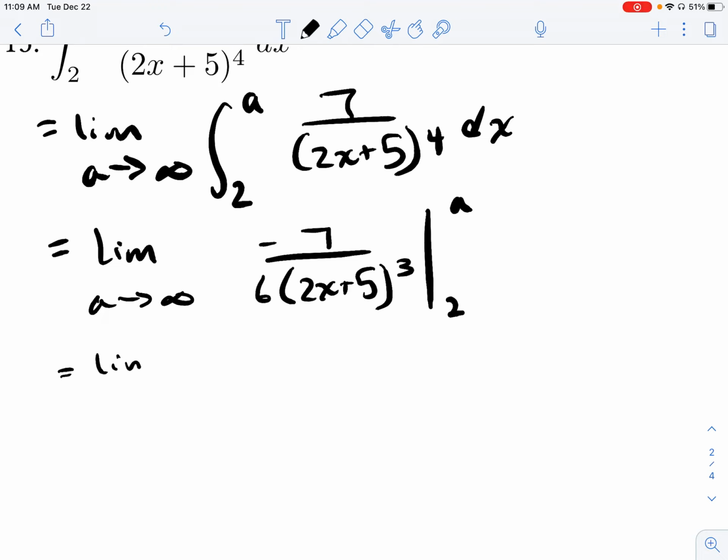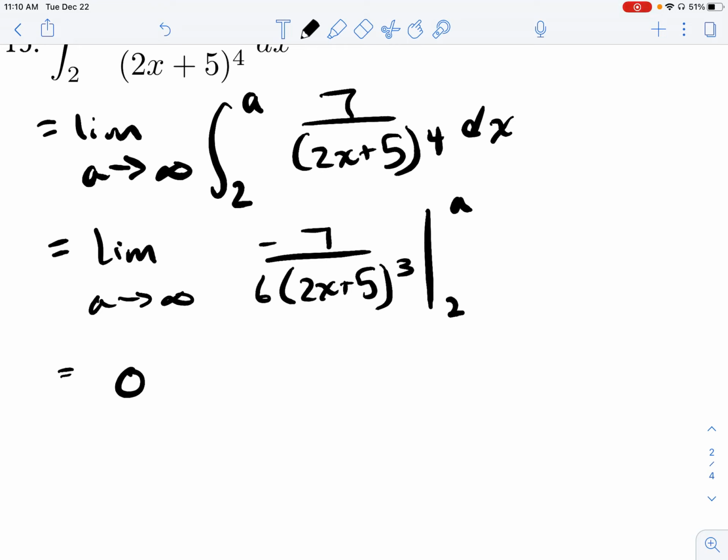So we've got the limit as a approaches infinity, and actually, we may just be able to skip to it. I know that when I take the limit of this function as a approaches infinity, that's just going to give me 0, right? Because our denominator is getting increasingly large, infinitely large.